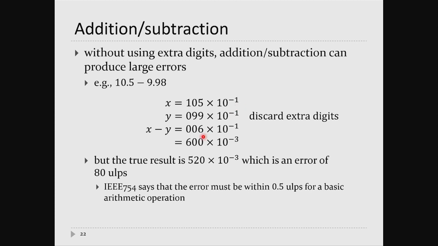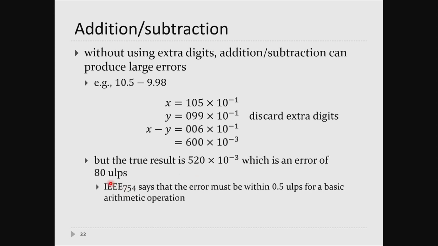You get 6 times 10 to the minus 1. Convert that back so that the first digit's not 0. You get 600 times 10 to the minus 3. The true answer is 0.52, which is 520 times 10 to the minus 3.